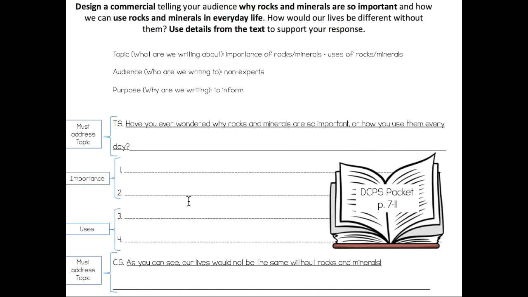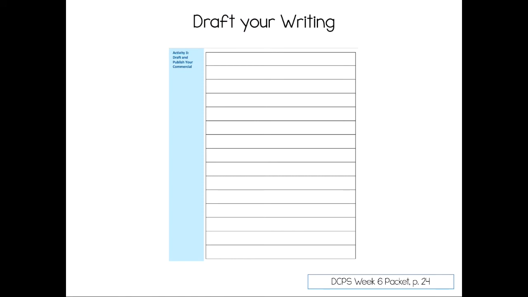Can we use our symbols and our note-taking strategies when we're drafting? No, we cannot. We need to use our great writing strategies to transfer those notes into beautiful, complete sentences. So pause, draft your writing. Take the time that you need and remember to use your outline.